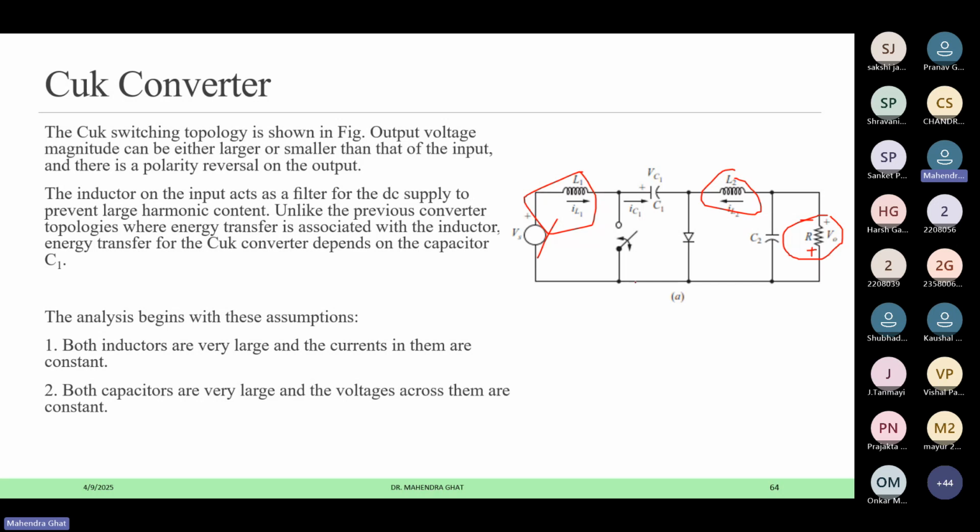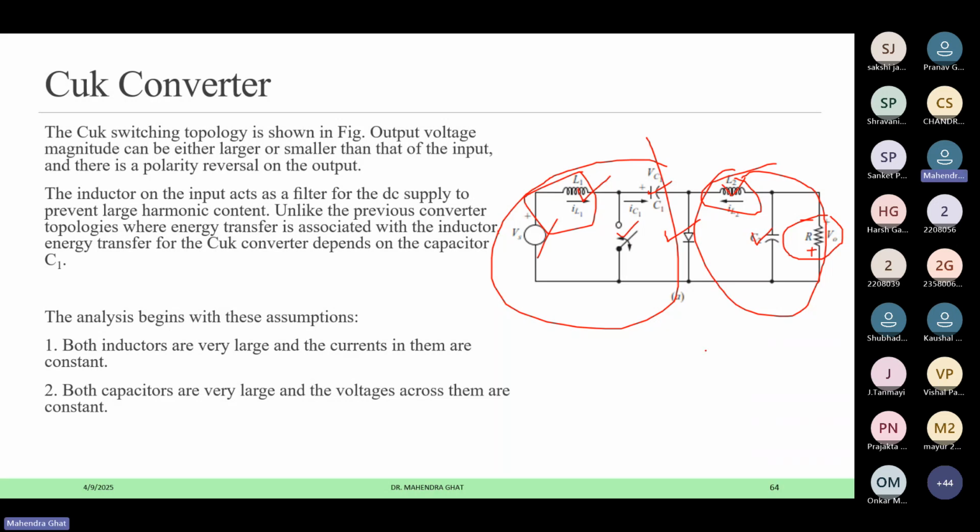Of course, the number of devices is higher here. Switch and diodes are the same, but the passive components, the inductors, are now two, and the capacitors are also two. But with that, we get filtering at the output as well as at the input. So it is a good filtered output converter.